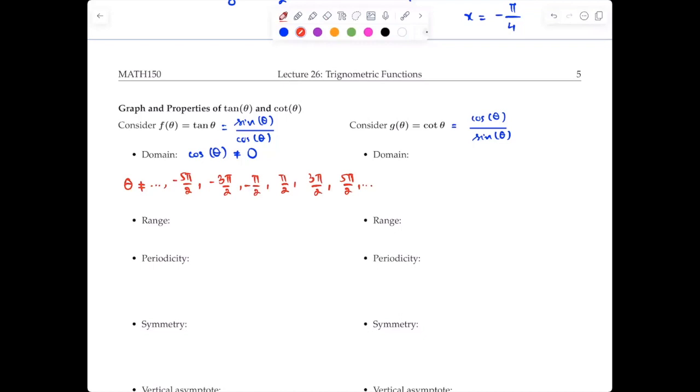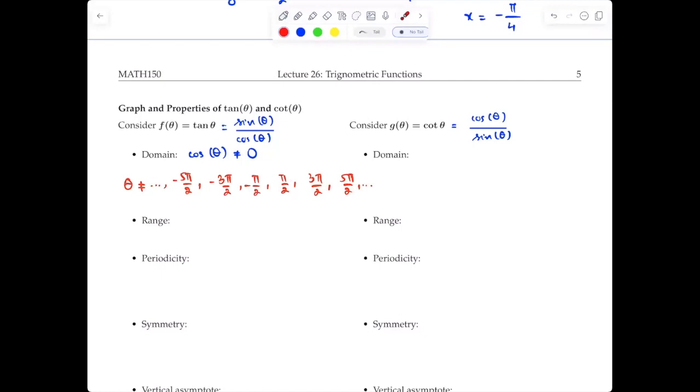Now, when you look at this list, you can see a certain pattern that helps us rewrite the answer a little better. This is fine as an answer, but I want to make it a little simpler. You exclude the value of theta at every odd multiple of pi over 2. Here you exclude 1 times pi over 2, 3 times pi over 2, 5 times pi over 2. So 1, 3, 5 are odd numbers.